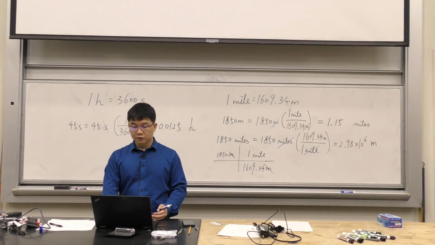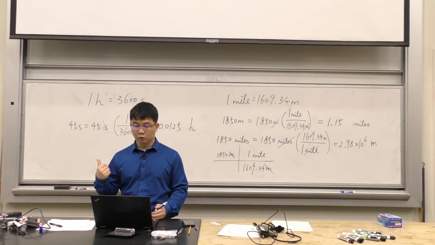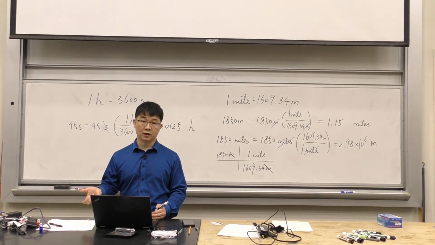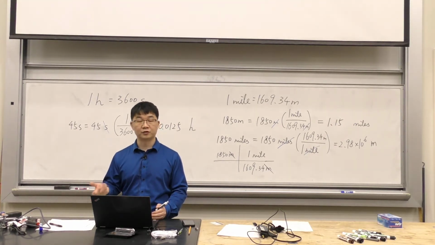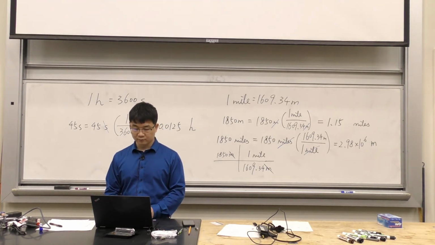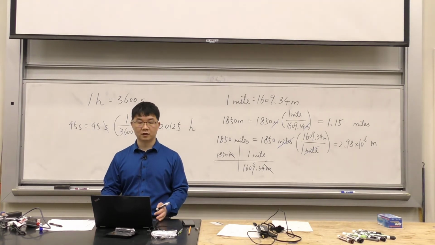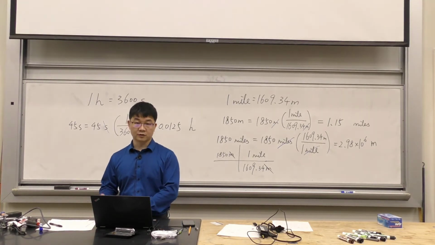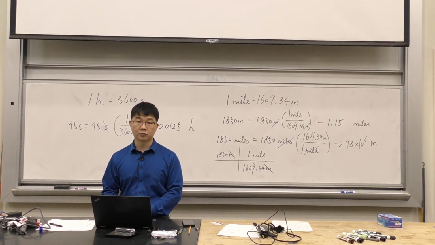Now you can also use this method to work with prefixes, if you want to convert units with prefixes. Take a look at the next question. If I want to convert 3 grams to kilograms, kilograms is the SI unit. So if I see something like 3 grams in a problem, I want to use that number to calculate something else, I should convert that to kilograms.